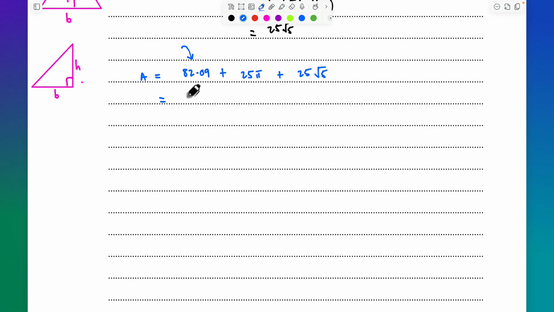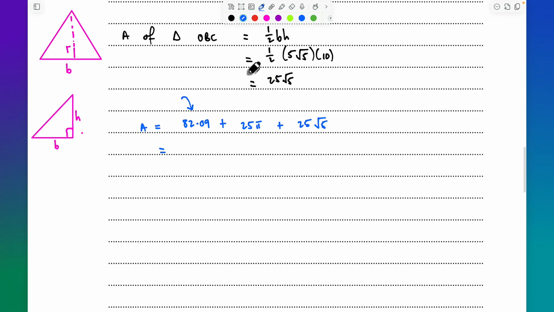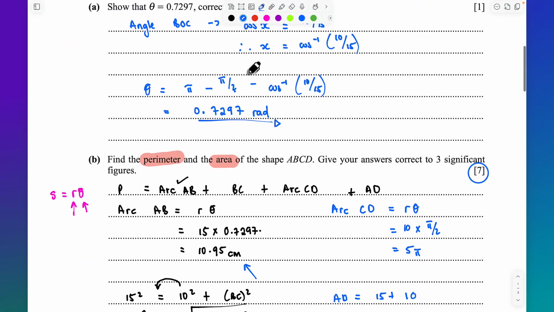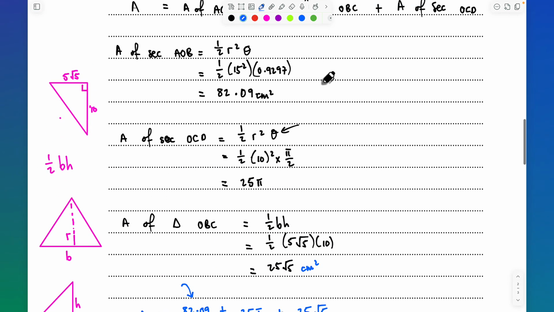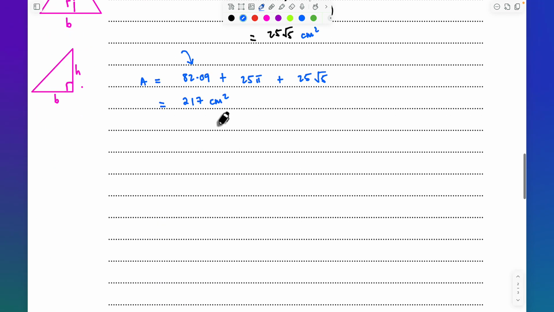And if we round that, because it's supposed to be 3 significant figures, therefore, that's supposed to be 217 centimeters squared. Make sure this is centimeter squared. That's also centimeter squared. All right. So our answer is going to be 217 centimeters squared.